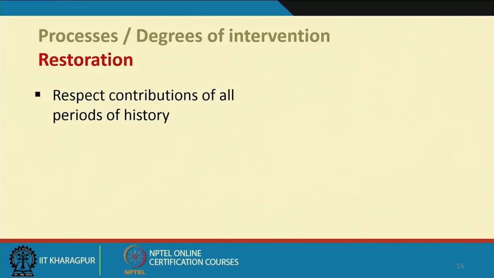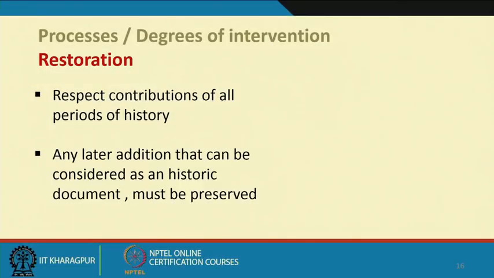So, there can be accretions which have been there, and the Vereshchata also said, we will talk about Vereshchata later on, that we respect the contribution of all periods of history, because when we are talking about something, it is not only one period or one particular date. So, all periods of that history are very important to understand.